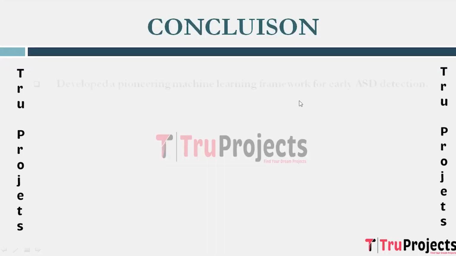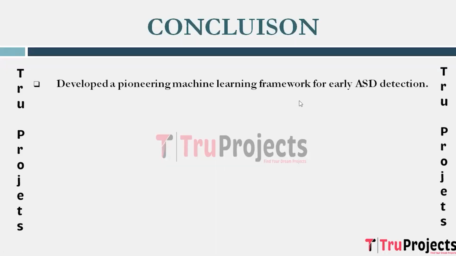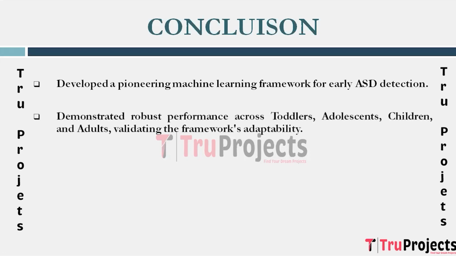Conclusion of the project. The project has successfully introduced an innovative machine learning framework for early detection of autism spectrum disorder, showcasing a blend of advanced algorithms and feature scaling strategies. Through rigorous evaluation on standard ASD datasets representing toddlers, adolescents, children and adults, the framework's robust performance across diverse age groups underscores its versatility and potential clinical applicability.